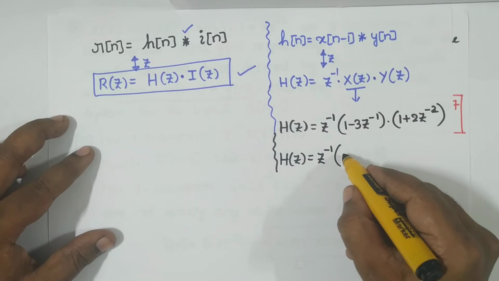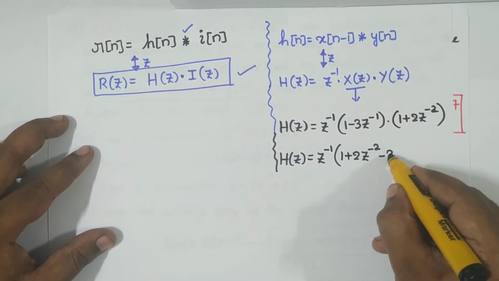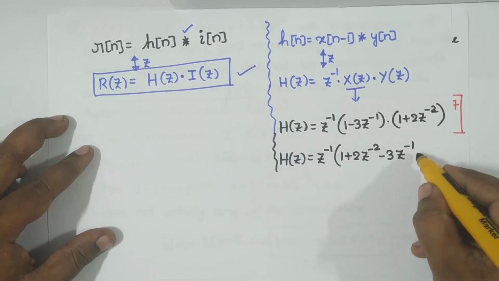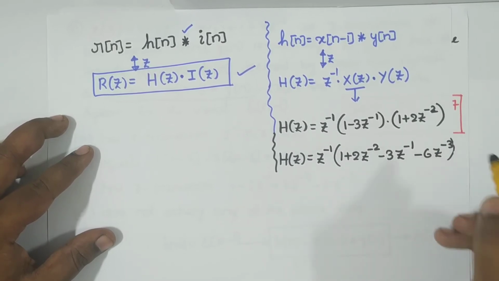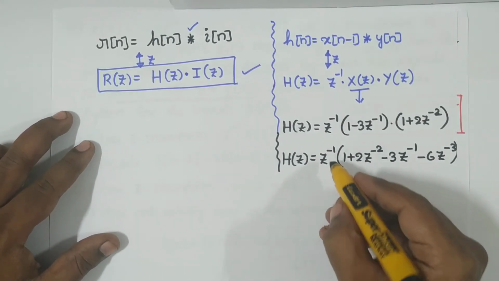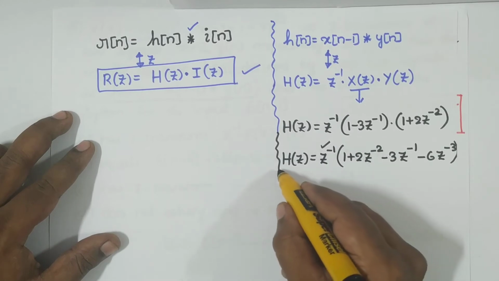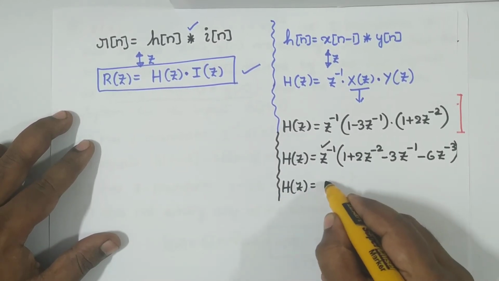So what do we get now? Let me multiply: 1 plus 2 z power minus 2 minus 3 z power minus 1 minus 6 z power minus 3. Alright, so this is what you have, and of course we also have z power minus 1. Let us further multiply by z power minus 1.